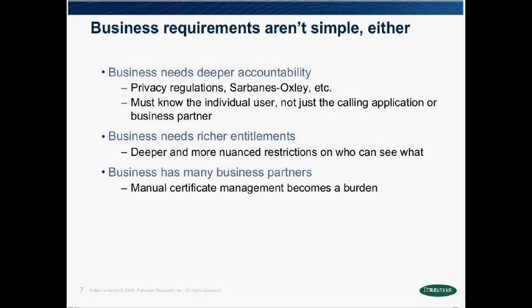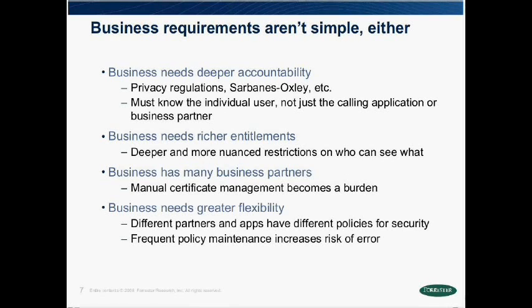If you have many business partners, then this two-way SSL scheme, managing certificates for each different partner, can become quite a management burden. So that makes it more complex. And we need much greater flexibility, to be able to have different security policies with different partners and different kinds of partners and customers.